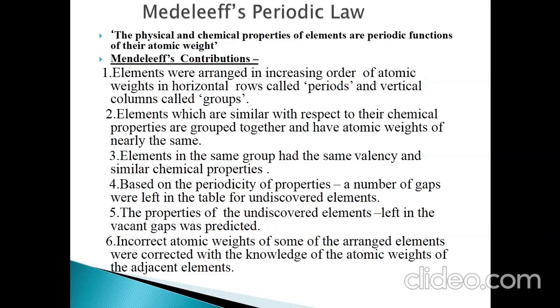Incorrect atomic weights of some of the arranged elements were corrected with the knowledge of the atomic weights of adjacent elements. So a few of the elements which had incorrect atomic weight were corrected based on the atomic weight of their adjacent elements.